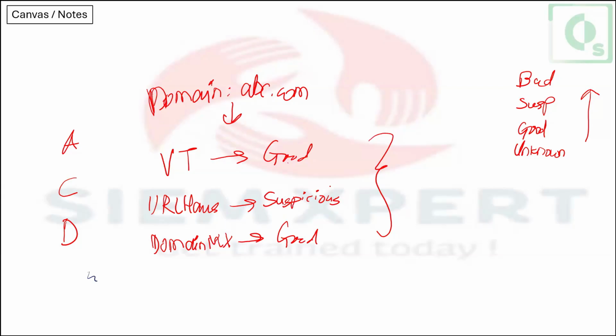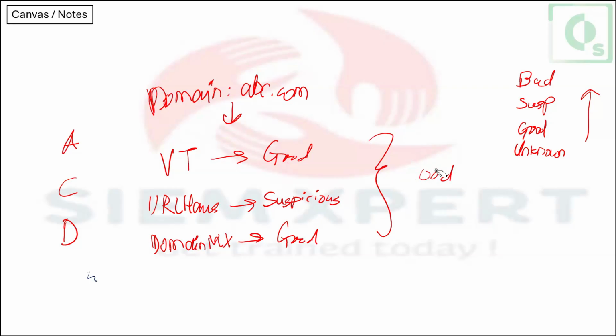If we go by the worst verdict logic, the verdict of abc.com should have been suspicious. But because of source reliability, VirusTotal is considered the most reliable one, and hence the verdict here would be good.